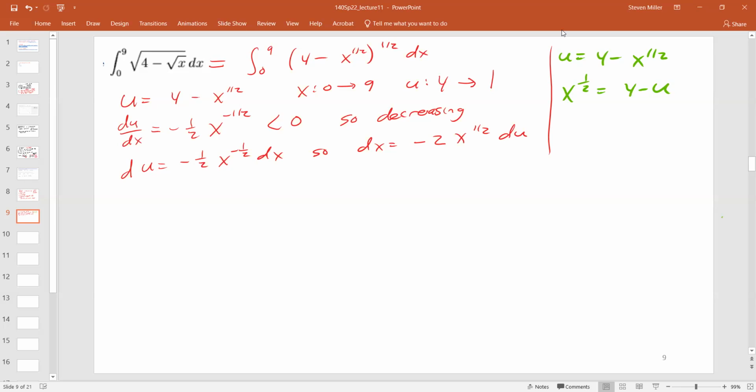We just need x to the 1/2, and I can get that easily. So that means dx is going to be negative 2 times (4 minus u) du. So the integral is going to be the integral, u goes from 4 to 1, of the square root of 4 minus x to the 1/2. What is 4 minus x to the 1/2?